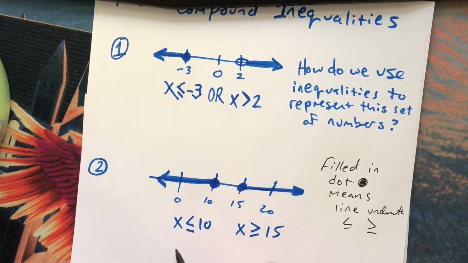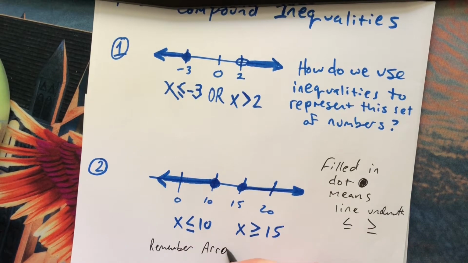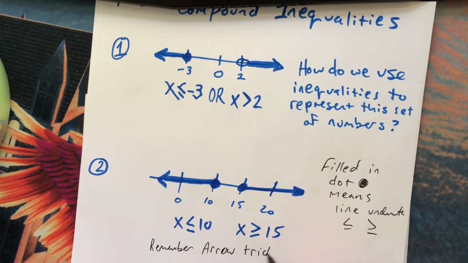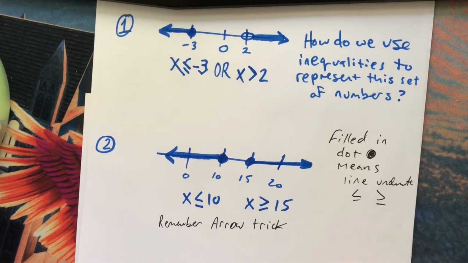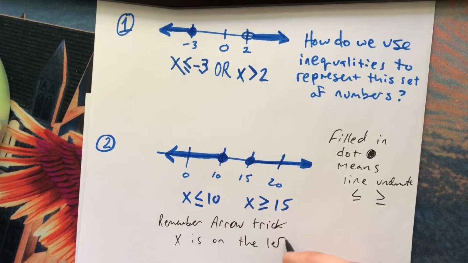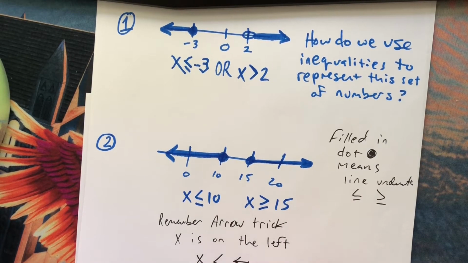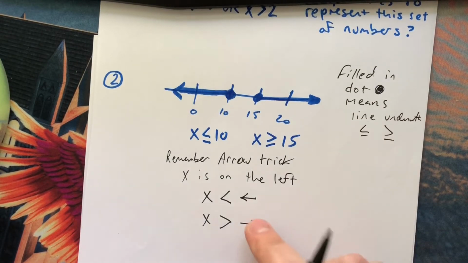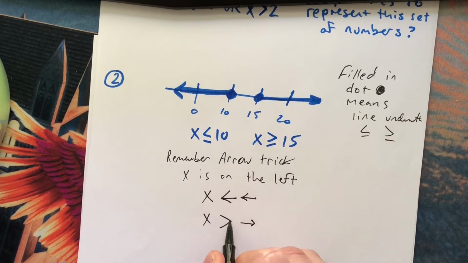And then you could even write something like, remember arrow trick. We have that arrow trick where x is on the left, you know, this is a little arrow that points in the direction that it's shading.